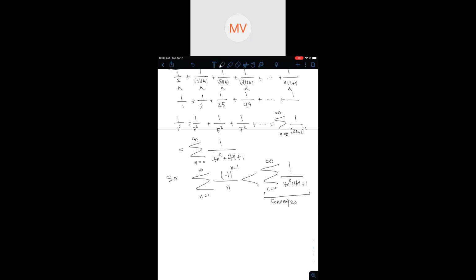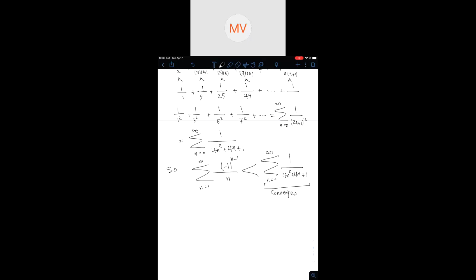Converges, and it's in fact comparable with... you could do the integral test, okay, and it becomes a tan inverse if you want to do that.